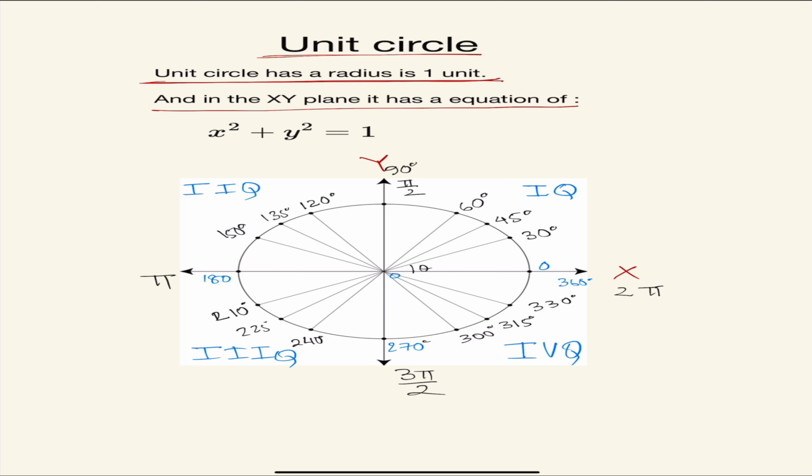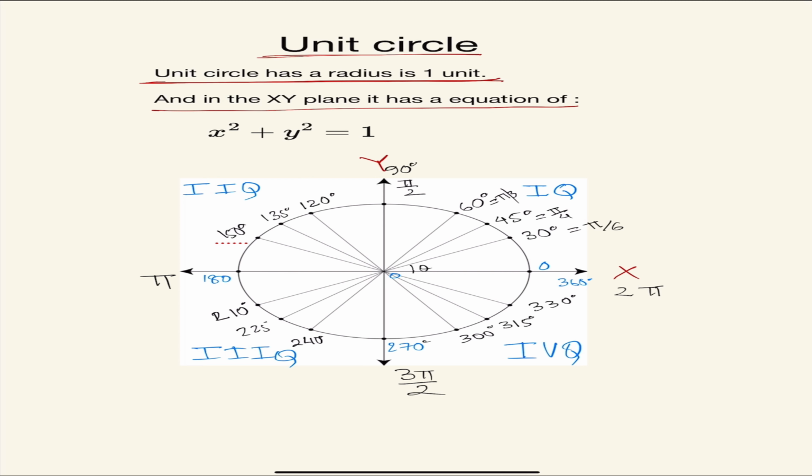So in terms of pi, we can just write it down. This is pi by 6. This is pi by 4. And this is pi by 3. So if we circle around, you'll find the answers.